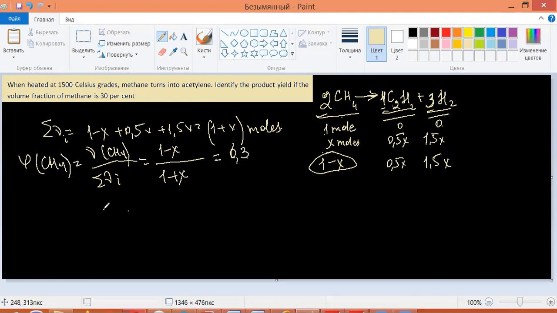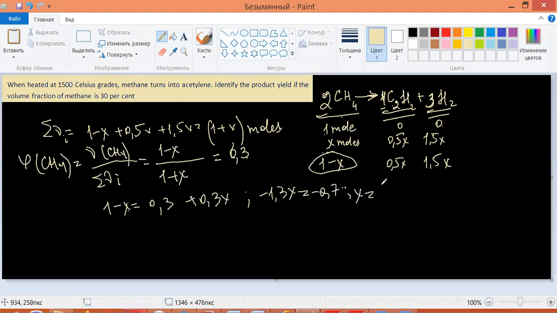So let's solve this easy equation. Okay, and we got minus 1.3x equals 0.7 minus 0.7.